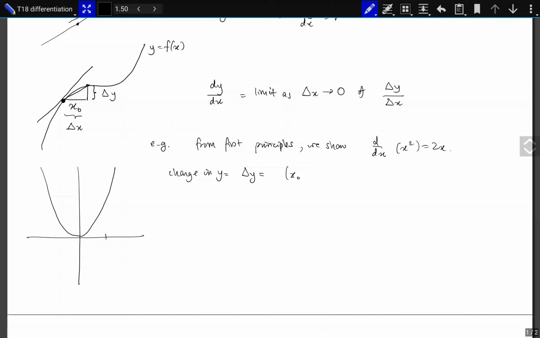Let's say that your initial point is at x naught, so that we're finding the approximation near here. Suppose we change a little bit by delta x. So this is x naught plus delta x all squared. But because it's the change in y, we want to subtract off our initial value, which is just x naught squared. And so that's equal to, well, you can expand the quadratic and cancel the term.